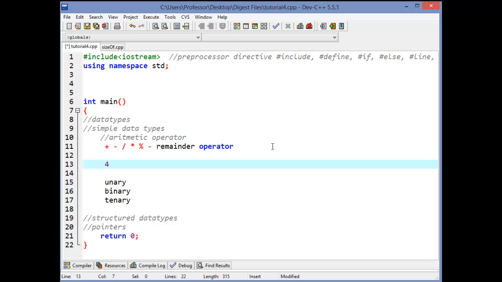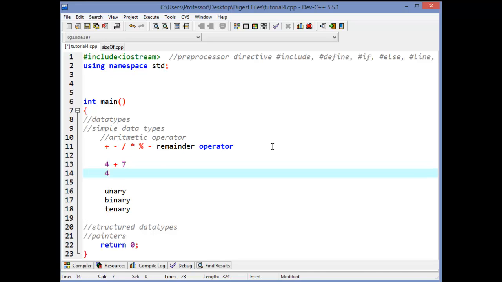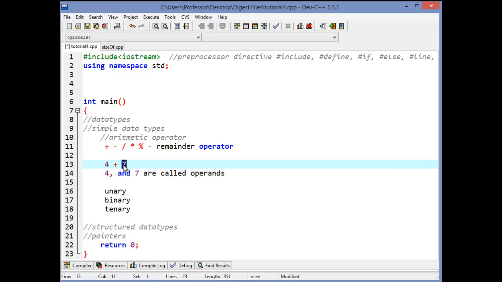If I write 4 plus 7, is that okay? 4 and 7 are called operands. They are the values that are being acted upon by the operator. So the addition is the operator. Take note, the numbers are called what? Operands, and the addition, the multiplication, the division, they are called the operators.